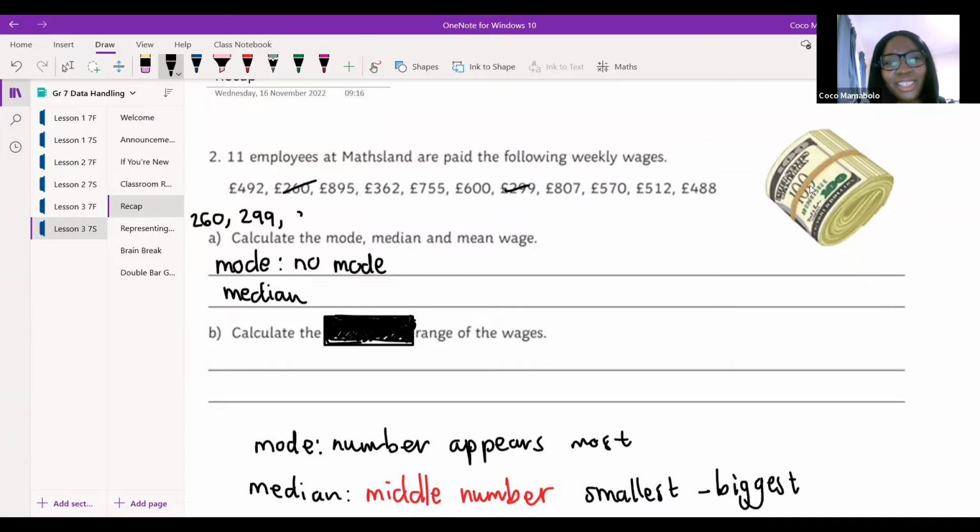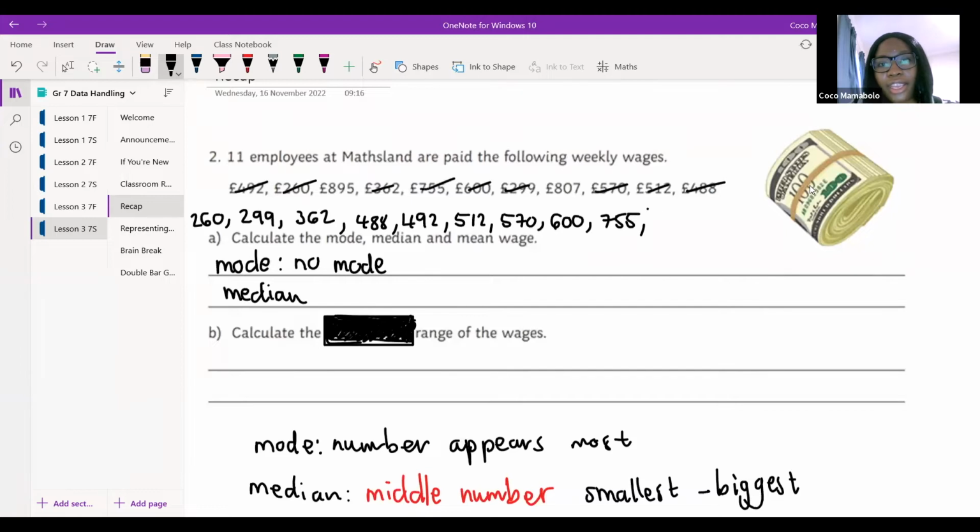And then I have 362, and then 488, and then 492, and then 512, and then 570, and then 600 and 755. And then 807 and then 895.